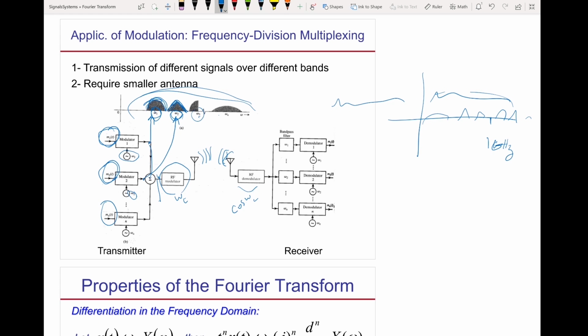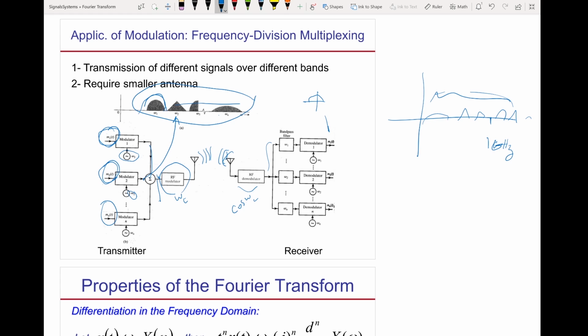Then it will take the whole signal and apply a band pass filter to separate omega 1, to separate this by itself and eliminate all these. Then do demodulation. You multiply by cosine omega 1 to bring this back here. So then you will get this signal here, and that's your message signal.